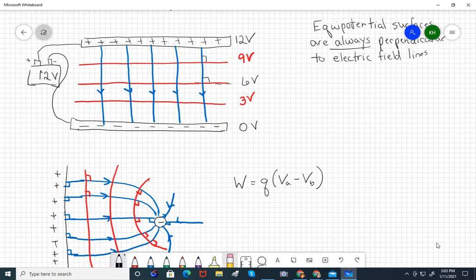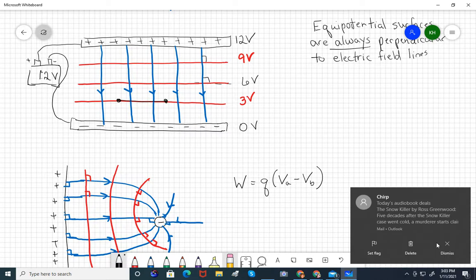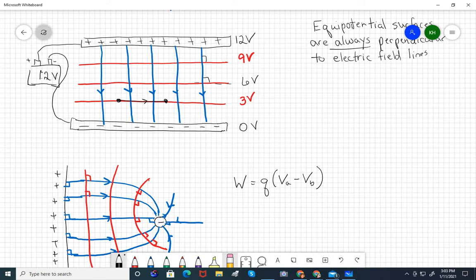If I have a charge here and it moves along this equipotential surface to here, it didn't do any work. Why? Because there's no difference in voltage. The voltage at point A and point B is exactly the same. Absolutely no work would be done.